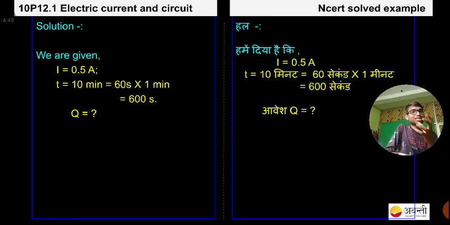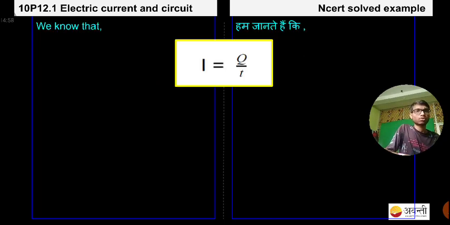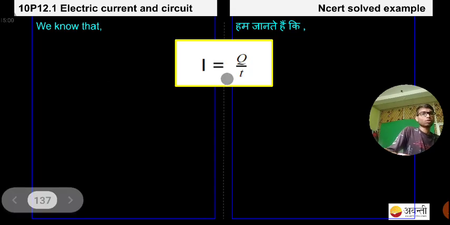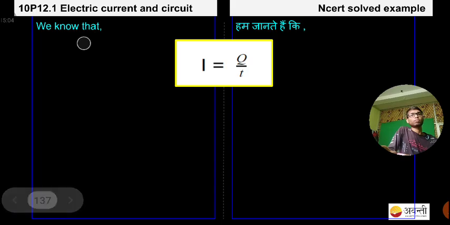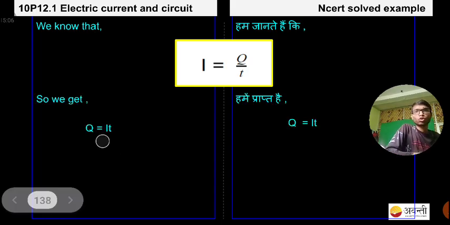If this much electric current is passing within these 10 minutes, then how much will be the charge in coulomb? Let's find out. With the help of this formula we can easily find the charge.